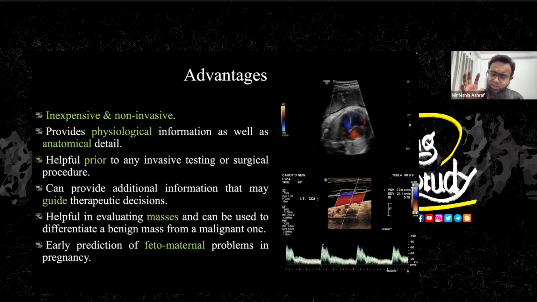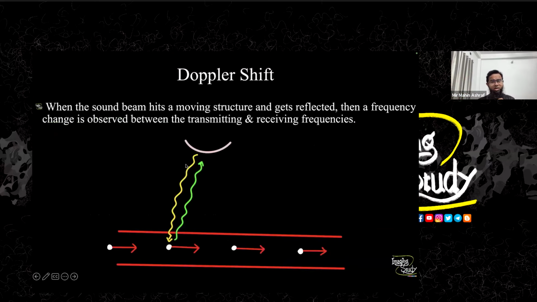When you are looking at a mass, each and every malignancy has its own vascular pattern. There is neovascularization going on, everything like that. Using Doppler, you can detect the mass as benign or malignant, or assess the prognosis, recurrence, so many things. That's why color Doppler ultrasound is now a very important part of our life.